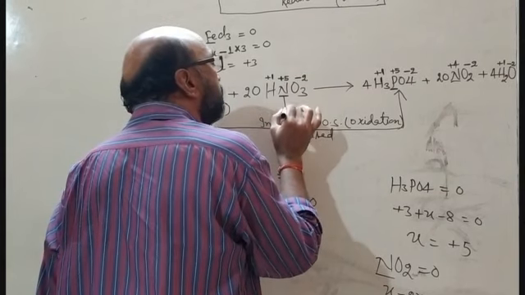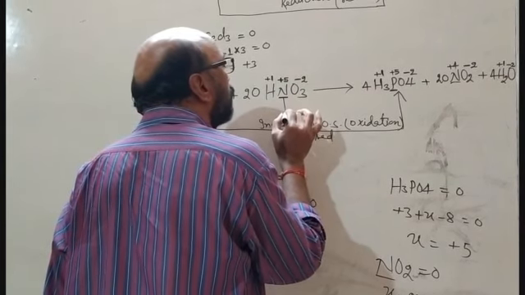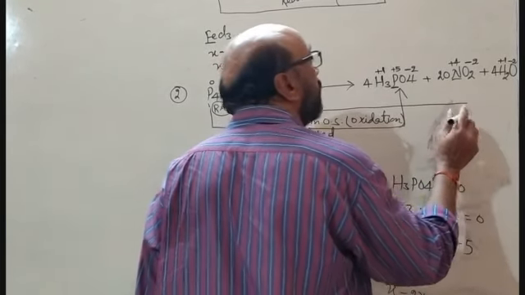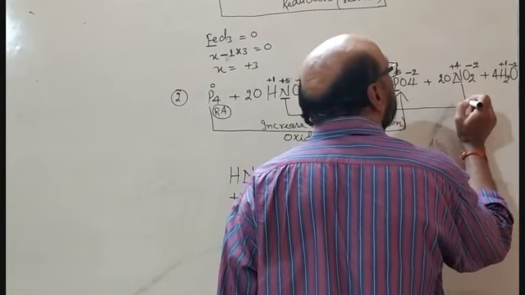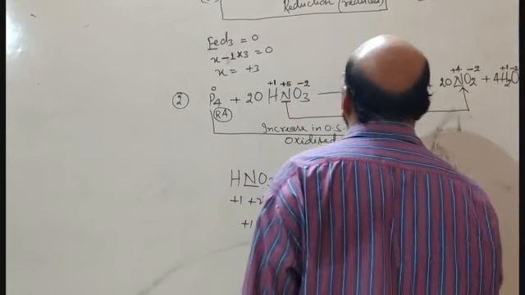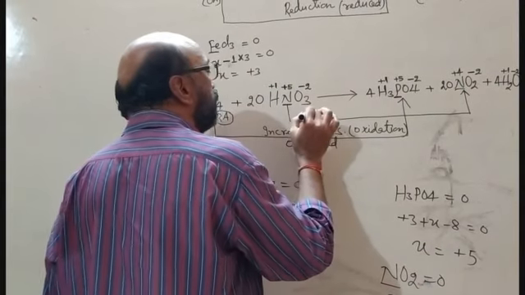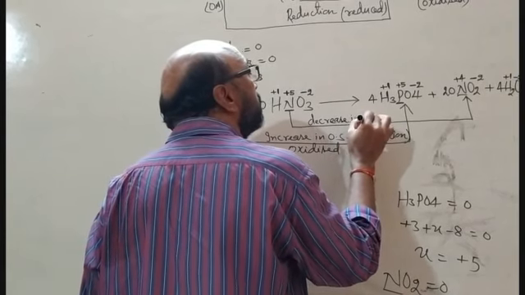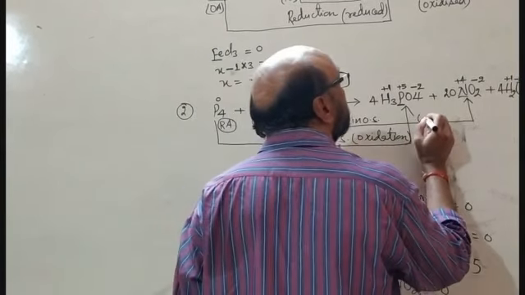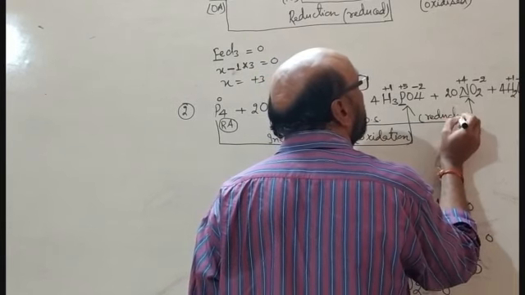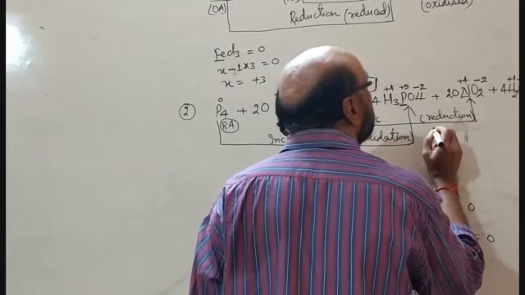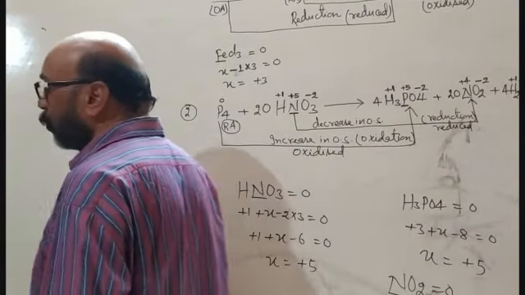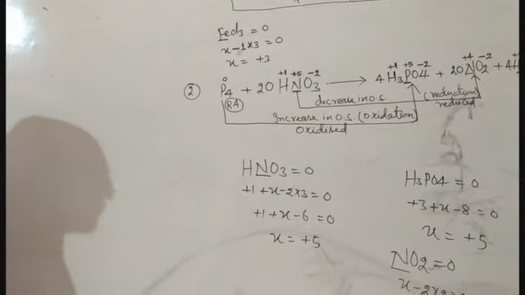Now, nitrogen undergoes change. The oxidation state of nitrogen in nitric acid is +5, and in NO2 it becomes +4. Means oxidation state is decreased. The decrease in oxidation state is a reduction. We can say nitric acid is reduced to form NO2. Right?